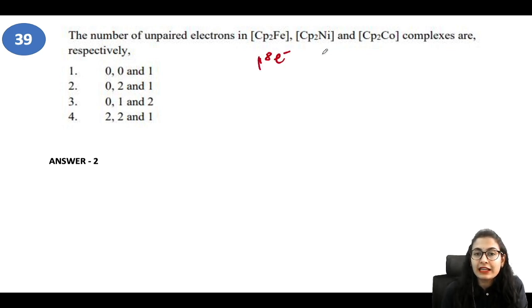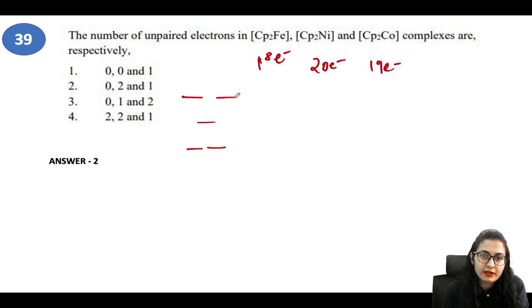And for nickelocene you have 20 electrons, and for cobaltocene you have 19 electrons. A question has come on this before too, but that was on the bond order or where the extra unpaired electrons are going to go. Okay, but now this is how you're going to fill the electrons on ferrocene.